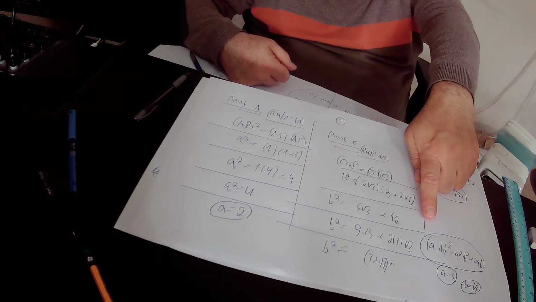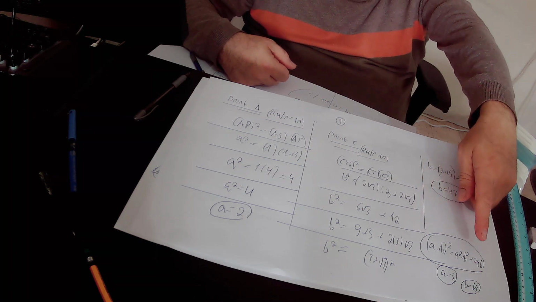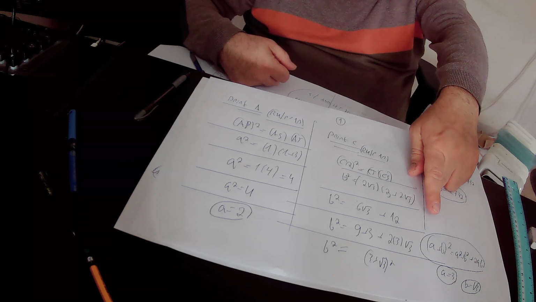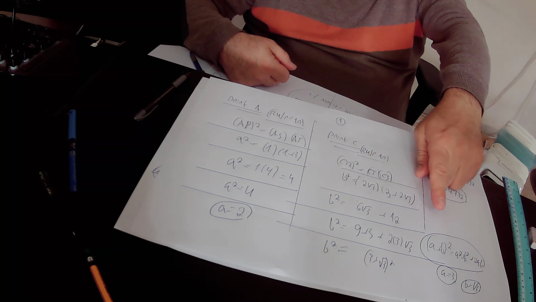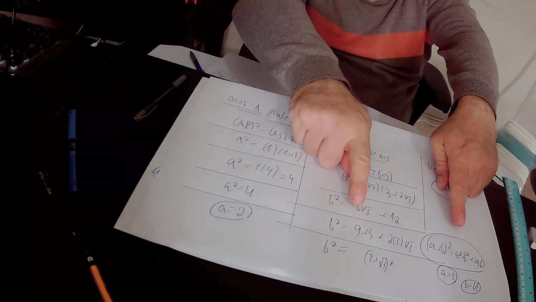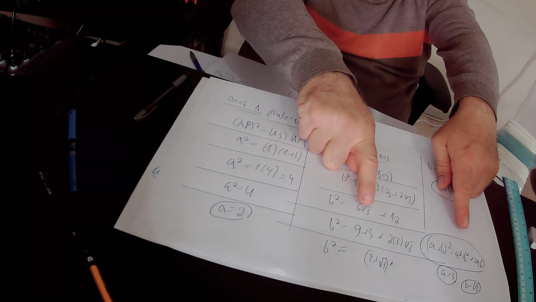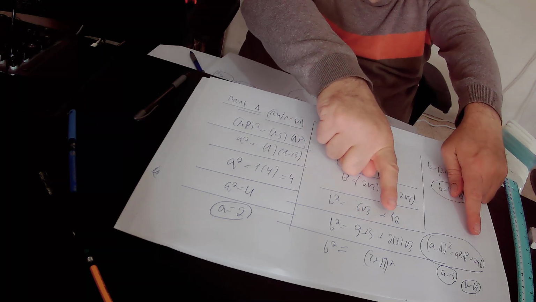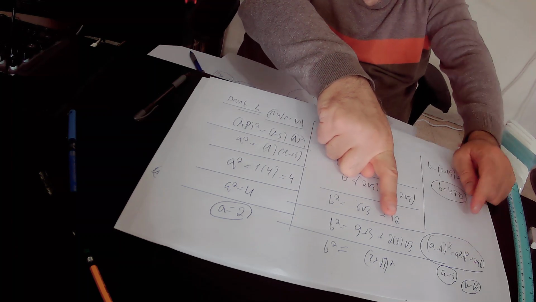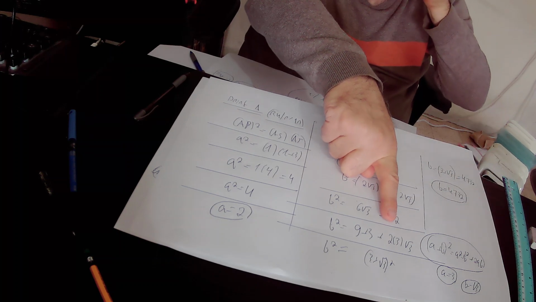If we substitute A by 3 and B by square root of 3, we get (3 plus square root of 3) square, which must be equal to A square, 3 squared, that is 9, plus B square, square root of 3 squared, that is 3, plus 2 times A times B, so 2 times 3 times square root of 3.